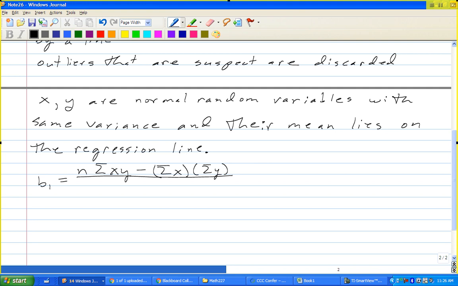That's the same numerator. And the denominator, well, we've seen this too when we looked at the variance. That was actually the numerator for the variance. This is the formula I'm going to use, but it's also a ratio of these covariances.